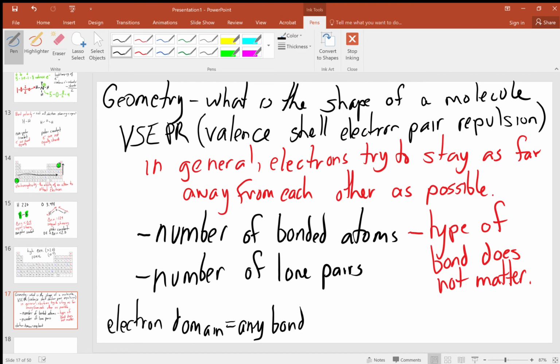That can be a single bond, double bond, or triple bond, or a lone pair. Again, the type of bond doesn't matter. So a single bond is one electron domain, a double bond is one electron domain, a triple bond is one electron domain. It just matters how many different atoms it's bonded to.